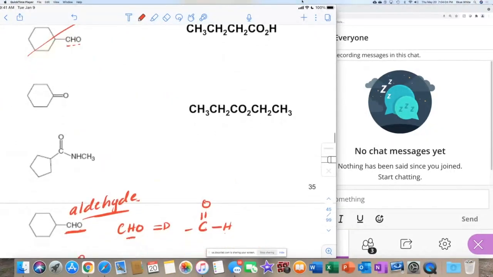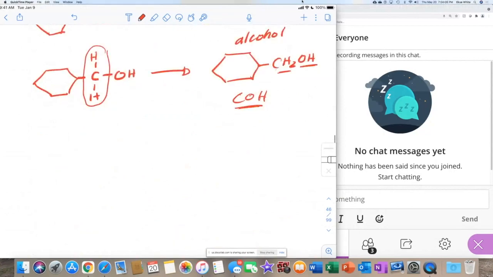Oh, yeah. Second one, we have, it looks like a carbonyl. How do I know it's a carbonyl? If you look at the structure, you have the carbonyl right here. On one side, you have a carbon. On the other side, you have a carbon. So when you have this and then you have carbons on either side, this is called a ketone.